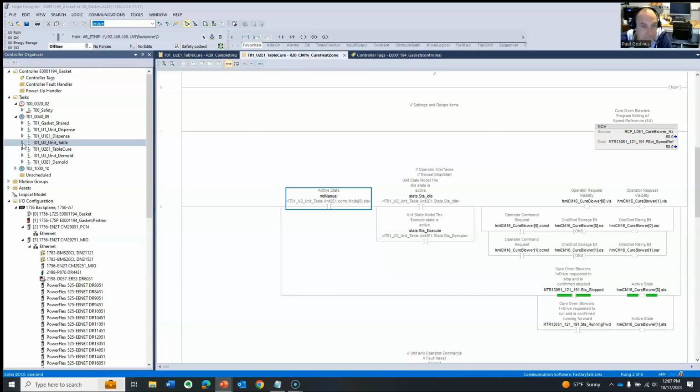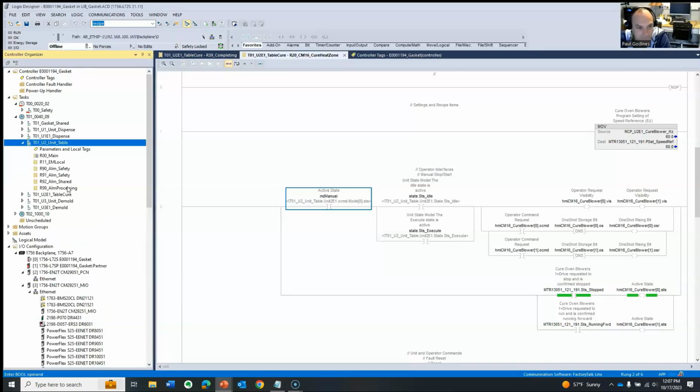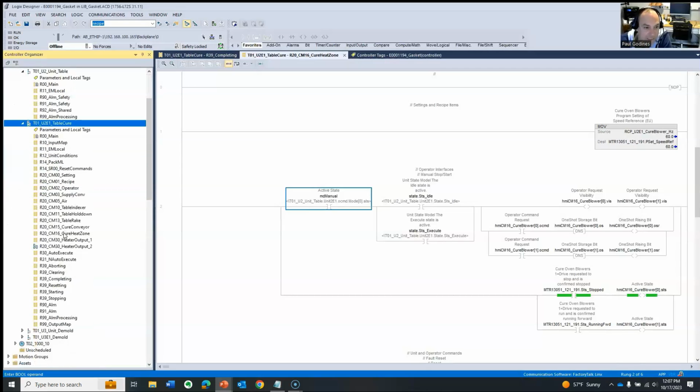So actually, routine 20 CM16. All right, so we are in the table cure, and this tag is referring to unit table. So this is where we're at currently. Routine 20 and CM16 cure heat zone.